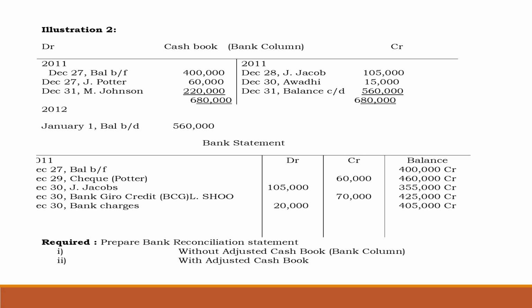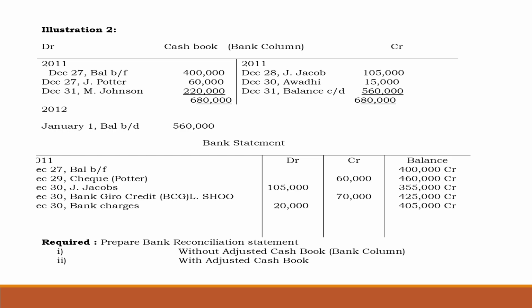But on the debit side, we have deposits from J. Porter and M. Johnson. If you look at the credit side, it is only Porter, but Johnson is not there. The amount of Johnson, 220, is not appearing on the bank statement.